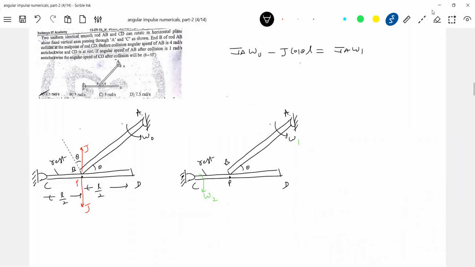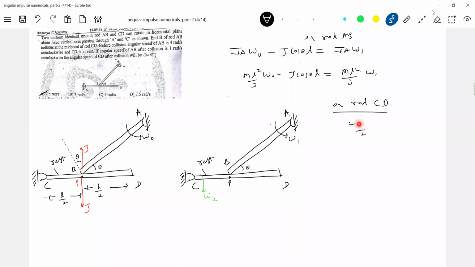Do we know omega 1? Do we know omega naught? We know I_A, and what is I_A? ML square. Okay, finish, leave it. So we get the value of J. From the value of J, what makes the rod CD rotate is the same impulse J. So here, this is on rod AB, and this is on rod CD.